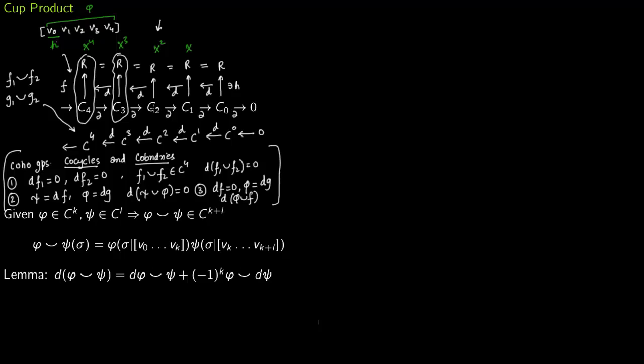Just like you took two elements in C2, you took their cup product, you landed in C4. More formally, varphi acts on the first k vertices, and psi acts on the vertices from k to k plus l. So this belongs to Ck, this belongs to Cl, then the cup product belongs to C(k+l).